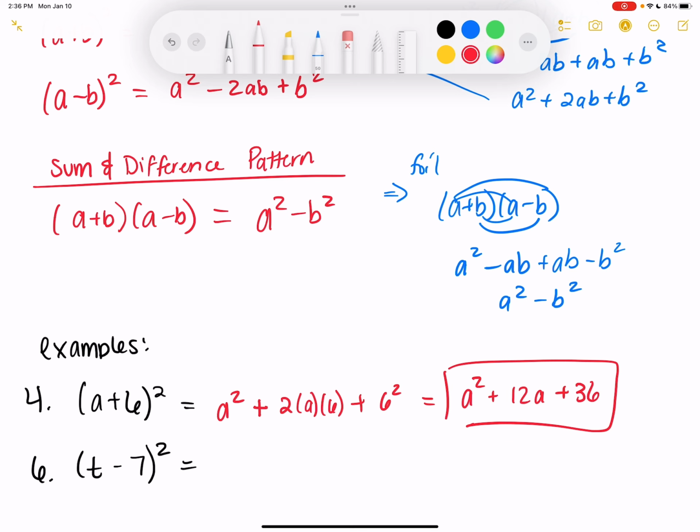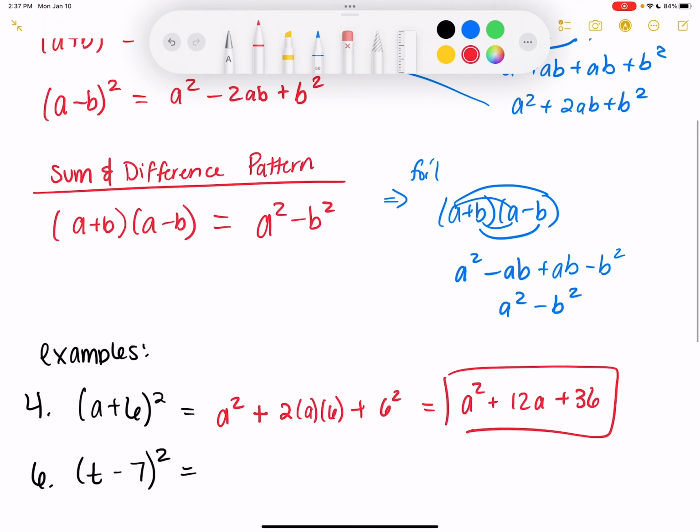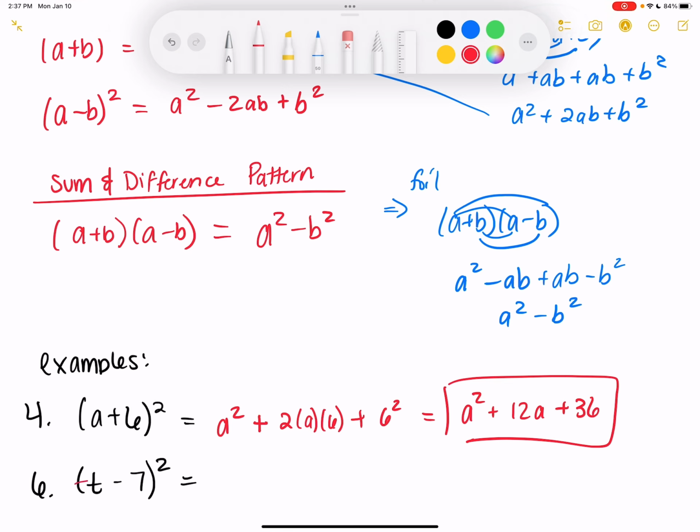All right, so this one is a subtraction one. So it's the second type, this a minus b squared, factoring into a squared minus 2ab plus b squared. So a squared is going to be, in this case it's t, so t squared. Because this is a subtraction sign, I put a subtraction here on this term. And then it's 2 times a, which is t, times b, which is 7.